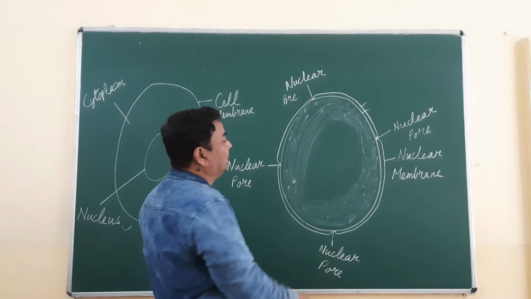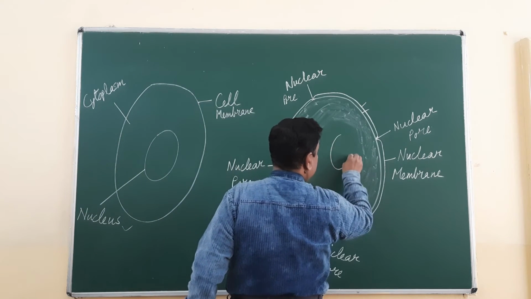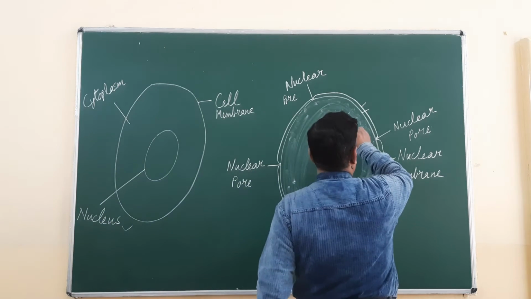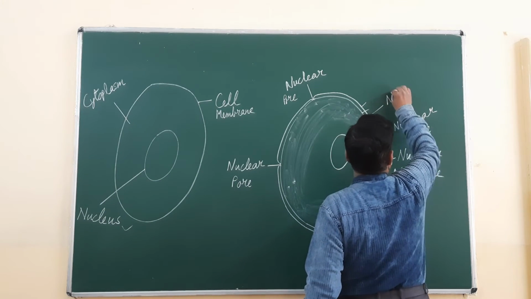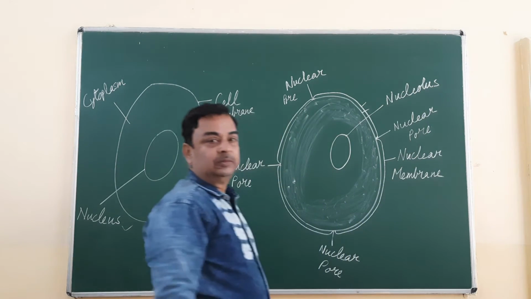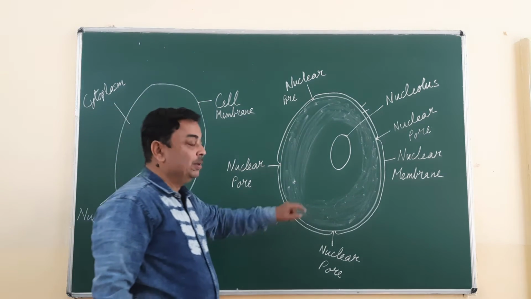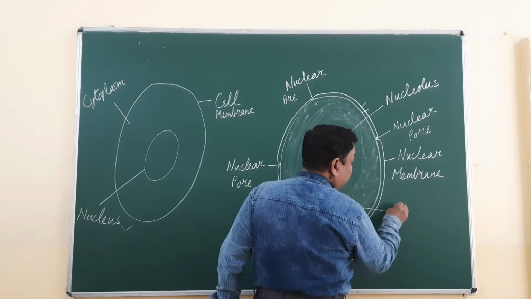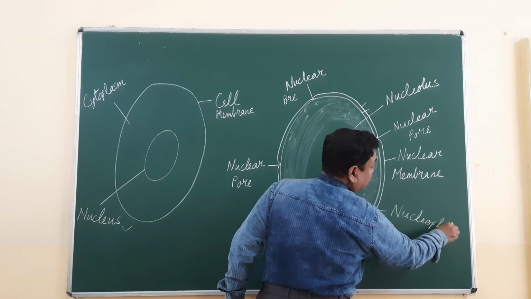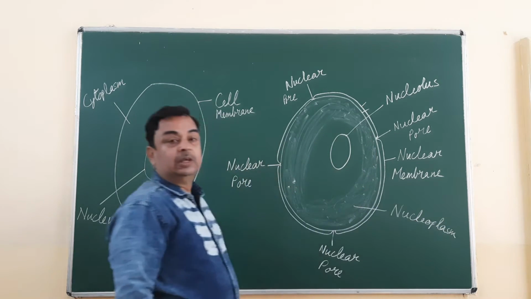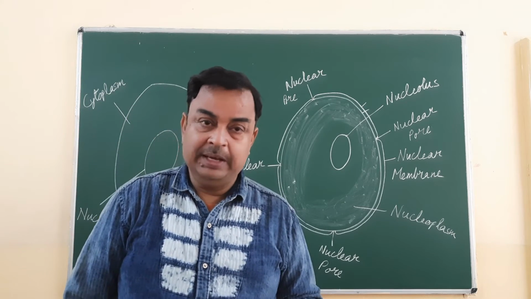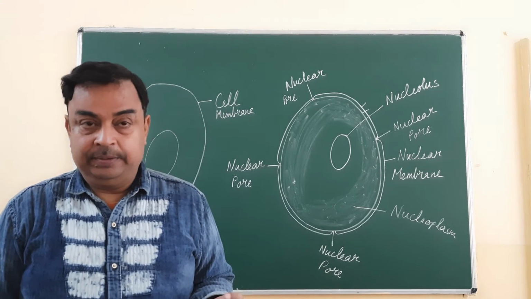Now inside this there is again one spherical body known as nucleolus. And this sap is known as nucleoplasm. Nucleoplasm is the nuclear sap. It is generally transparent.